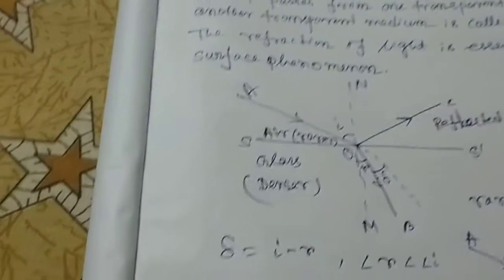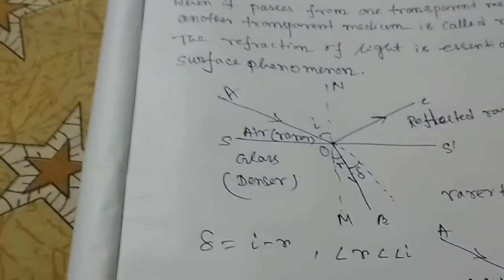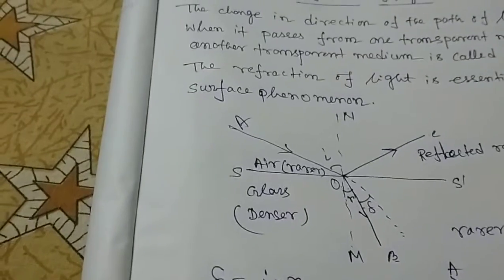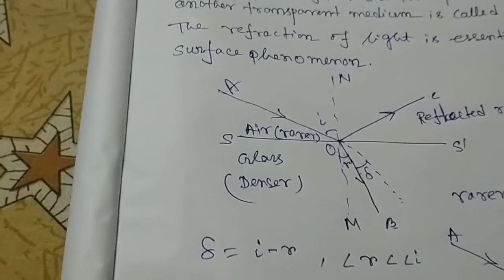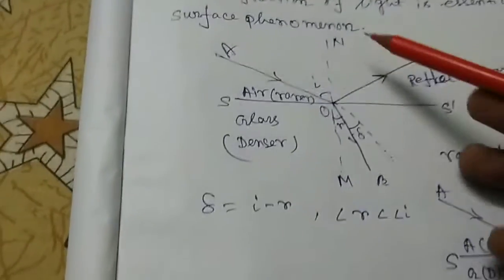And the normal at the point of incidence O is NOM.